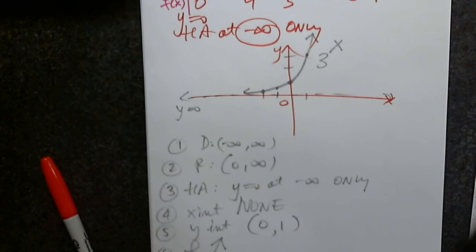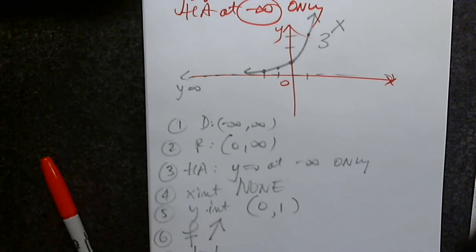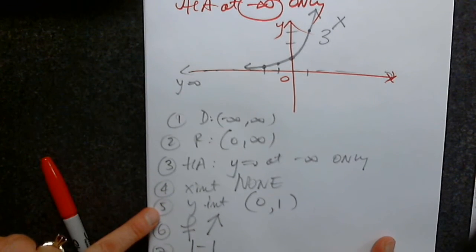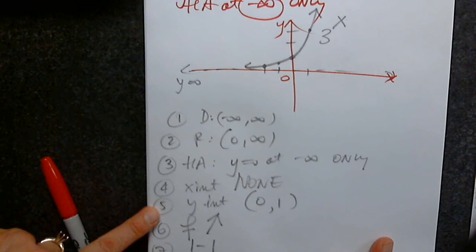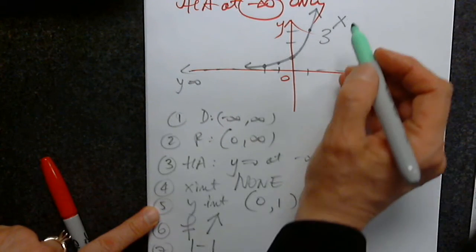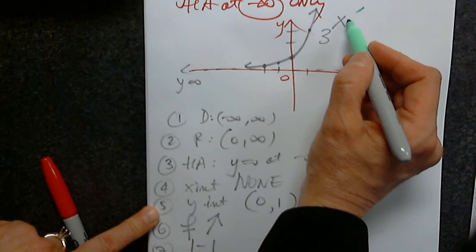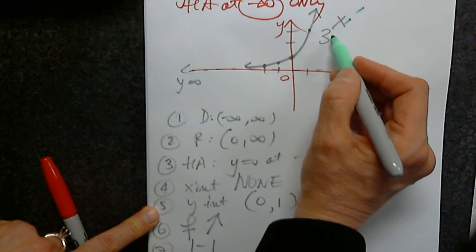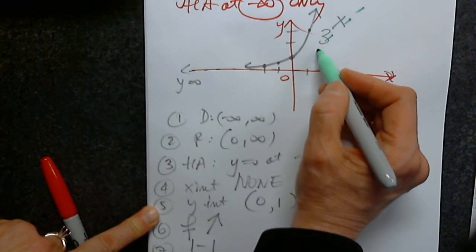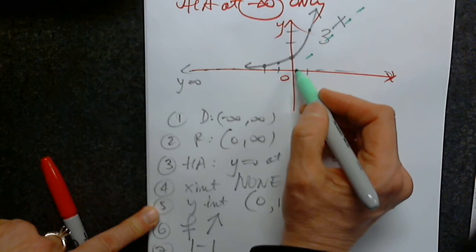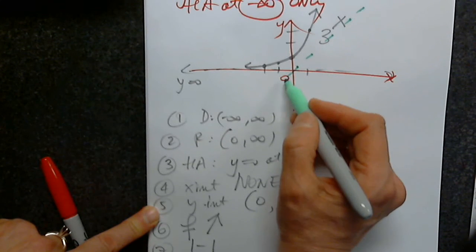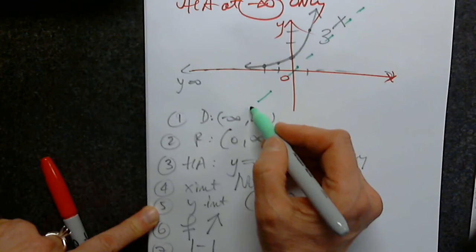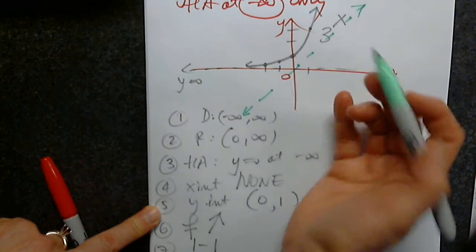Good. I want to graph the inverse function. When I want to graph the inverse function, what do I have to graph first? Before I graph the inverse function. What is this?